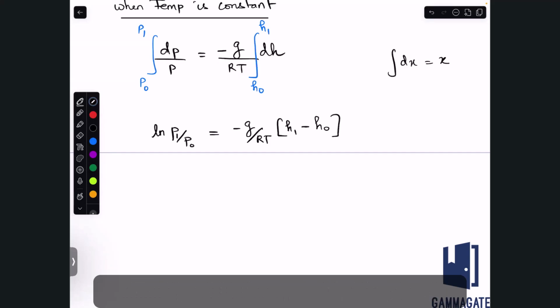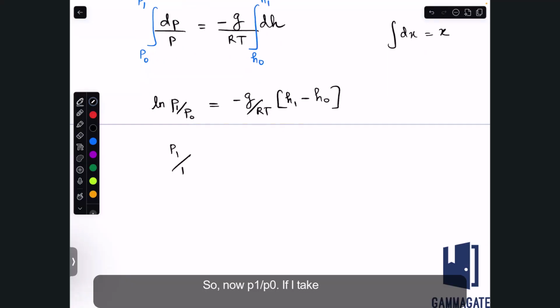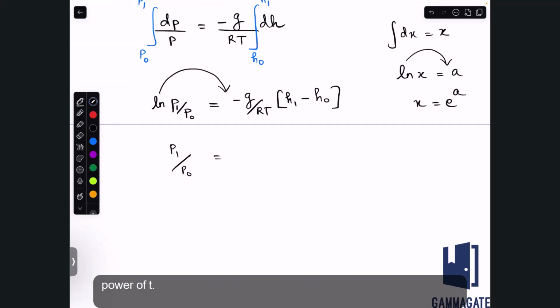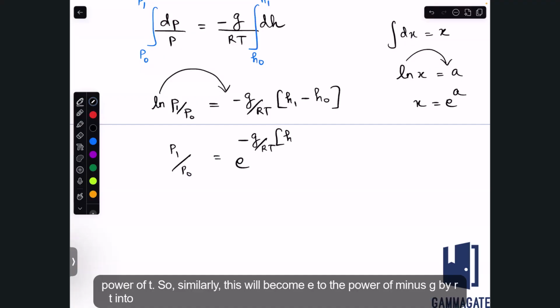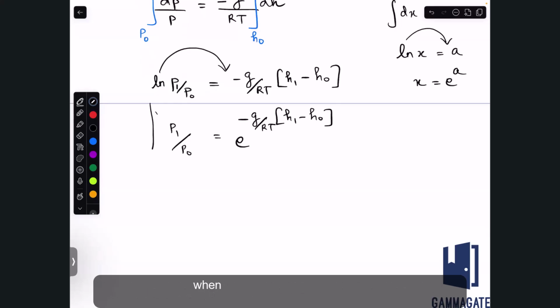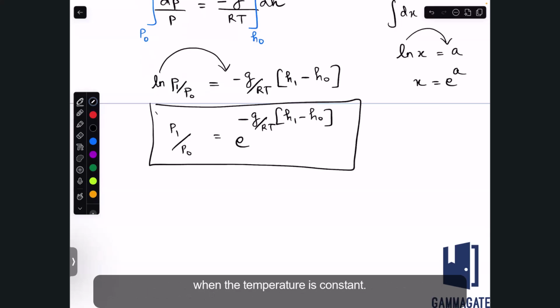Now for P1 by P naught, if I take natural log to the other side, for example, if I have natural log of x is equal to a, then it will become e to the power of a. So similarly, this will become e to the power of minus g by RT into h1 minus h naught. So this is the formula for the change in pressure when the temperature is constant.